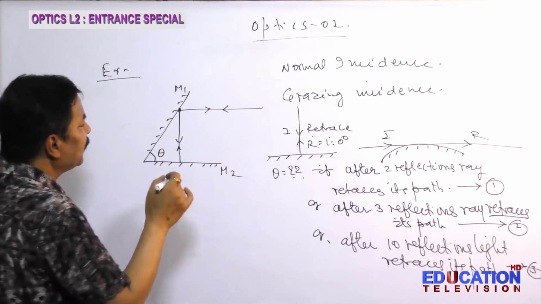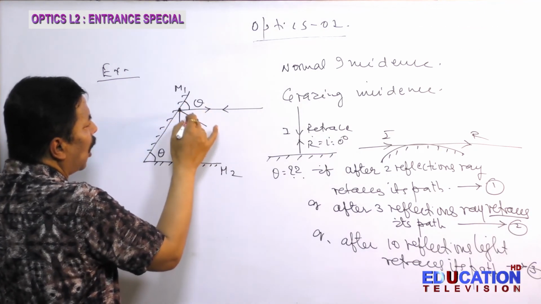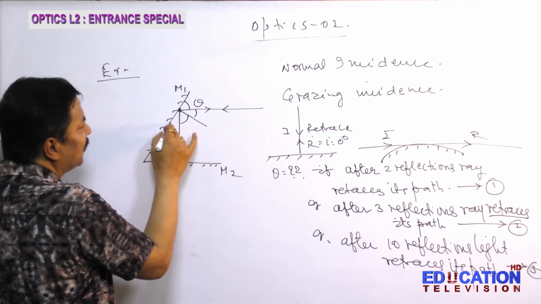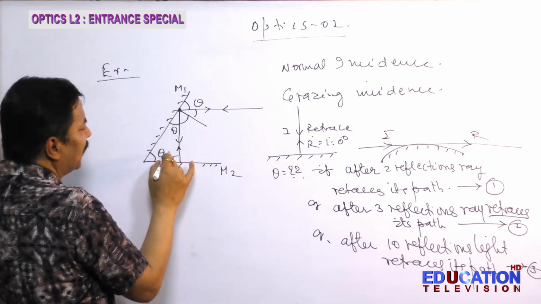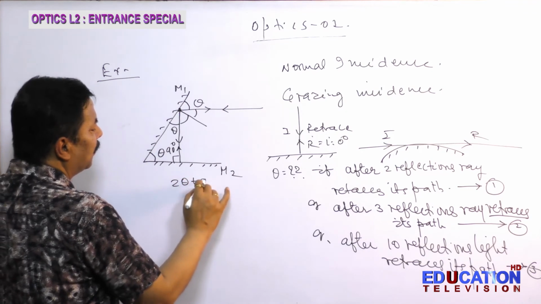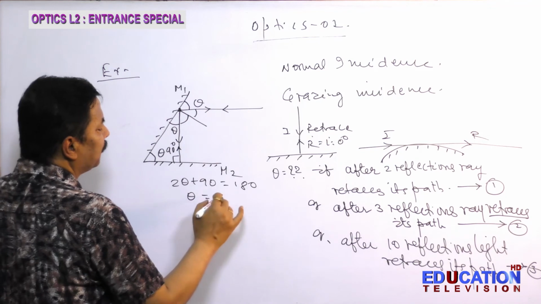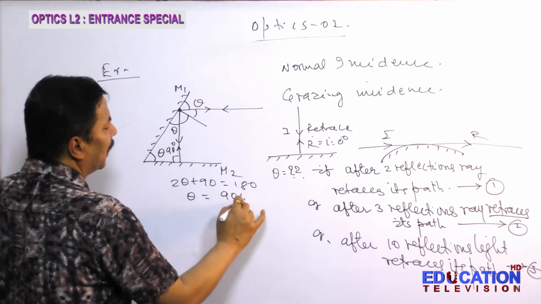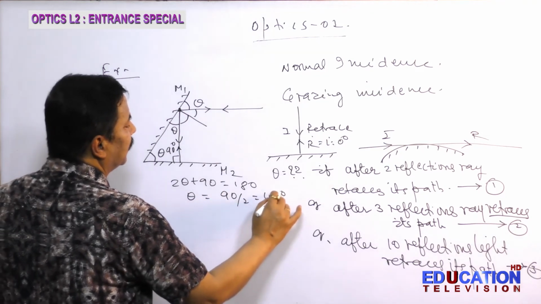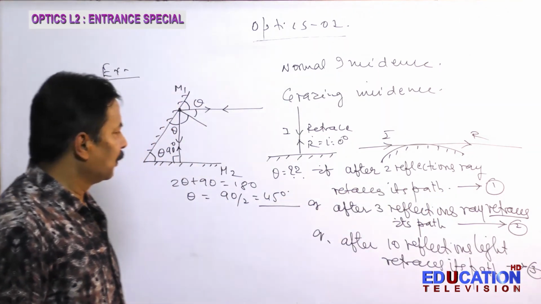So this is parallel, so this is theta. Here we know the normal, 90 minus theta, 90 minus theta. This is 90 degree and we are getting 2 theta plus 90 equals 180 degree. So theta is equal to 90 by 2, that is 45 degree. This is the first case. This answer is 45 degree.